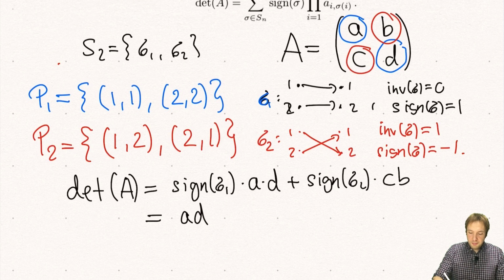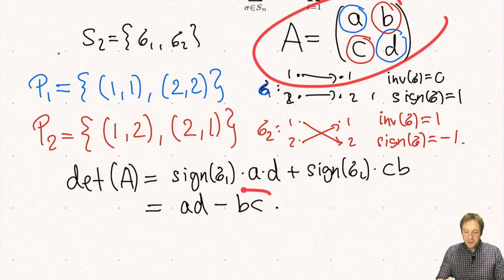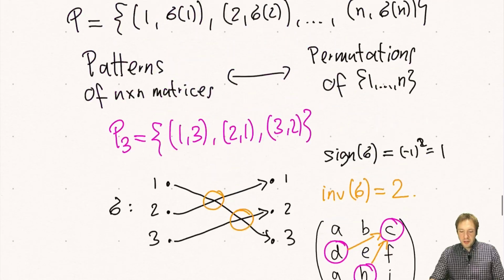So therefore we get minus BC or CB. And therefore the determinant of this matrix is really what we said in the beginning. It's AD minus BC.